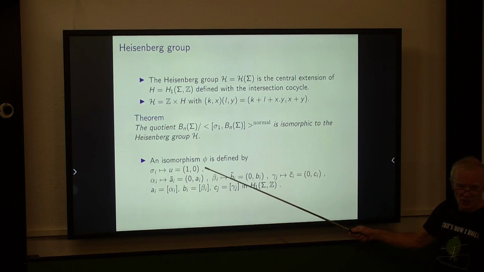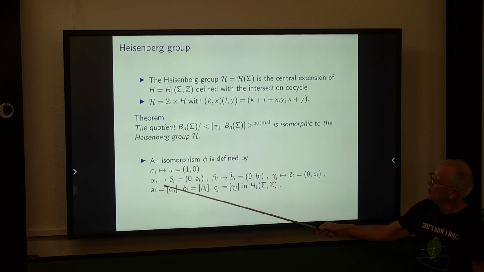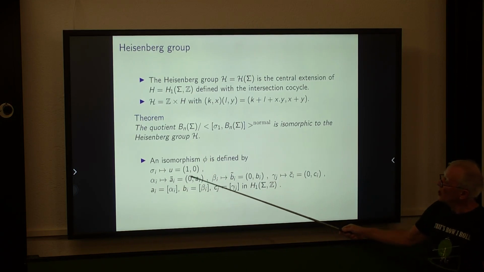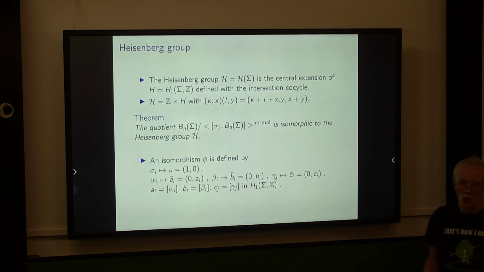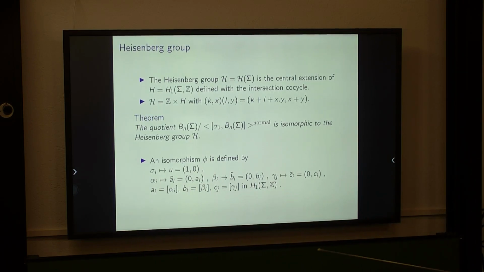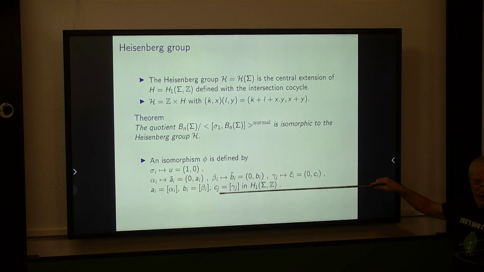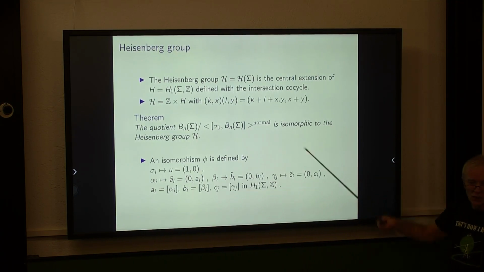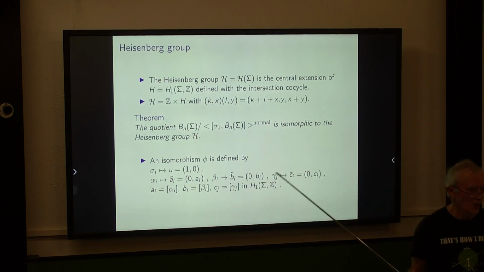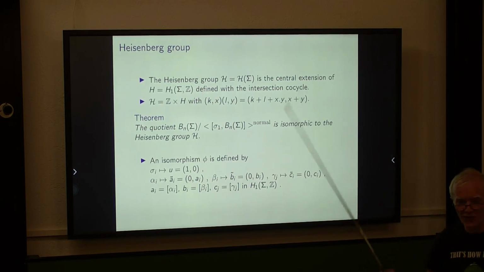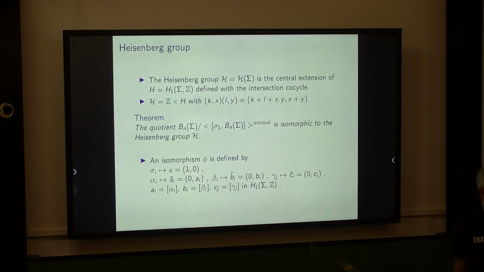So this is in the kernel of the extension. A pi 1 generator is sent to an element which is given by the homology class of this pi 1 generator, and it's easy to check the relation. So we have an explicit isomorphism, but if you change your model for the surface, you will move this by an automorphism of Heisenberg. So it's not canonical in some sense.